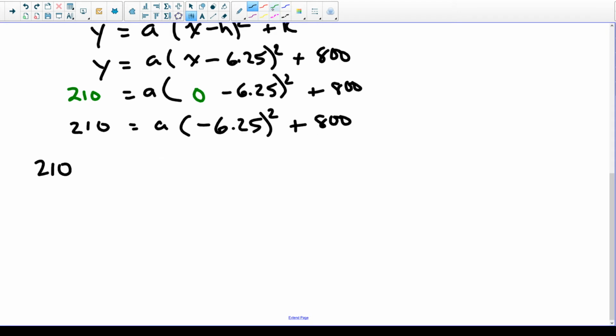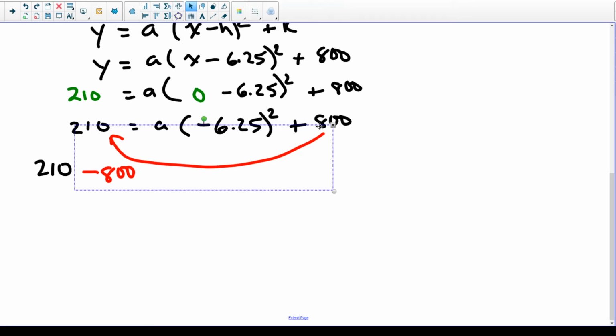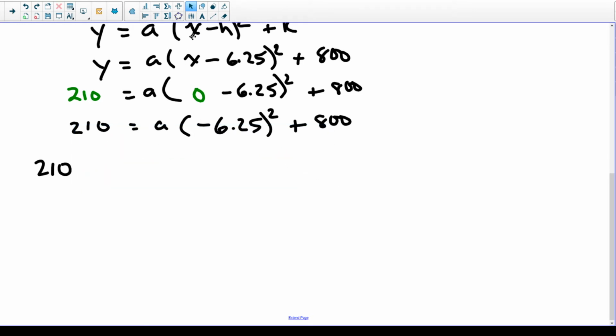When we move it over to the other side, it's going to subtract from 210. So I'm just going to erase this now. So we're going to have minus 800 on this side equals a times negative 6.25 squared.